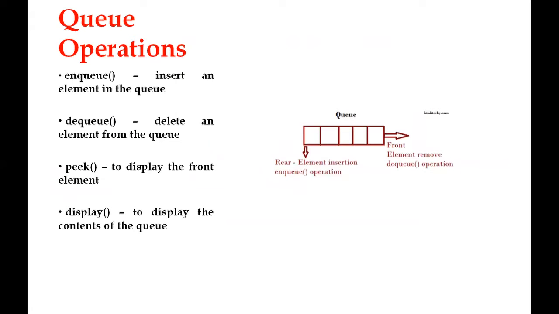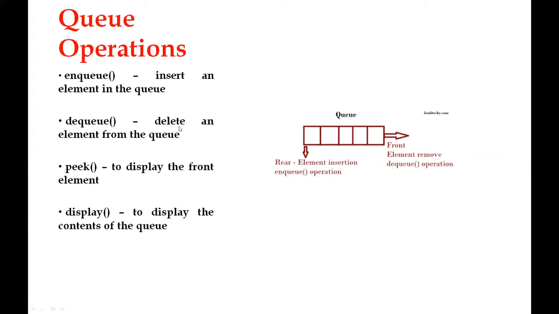So now let us discuss the operations that can be performed on a queue. The four operations are: one is NQ, that is inserting an element in the queue, which happens at the rear end.